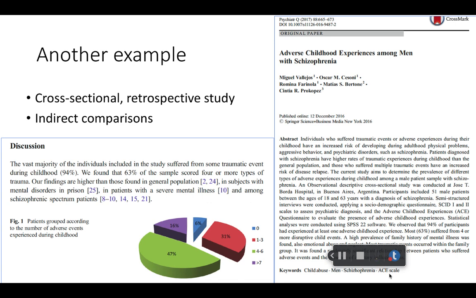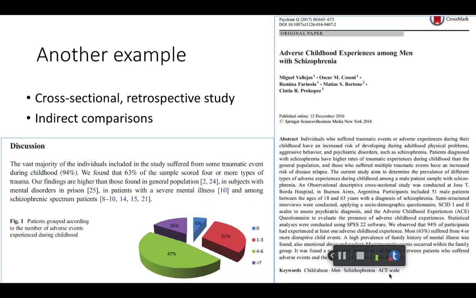In this study, a psychiatrist in the hospital interviewed these men, a sample of, let's see, 51 male patients, and gathered data from them on adverse childhood experiences. They used a standard ACEs instrument, which was developed in English. They translated it into Spanish and then translated it back into English to make sure the translation was accurate.